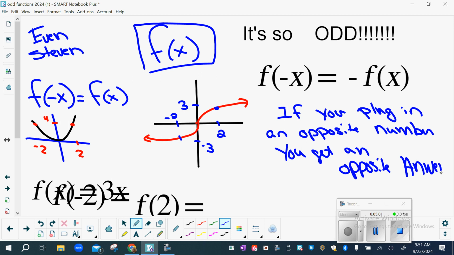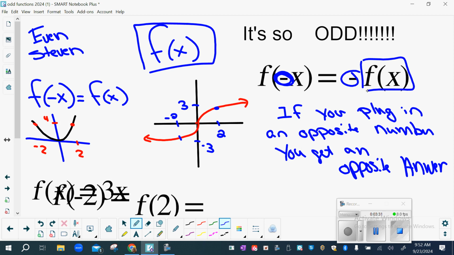And that's what's new. If you plug in an opposite number, it will give you an opposite answer. Right? It won't give you the same answer. It's going to give you the exact opposite. And that's why, because it doesn't mirror it. Opposite number gives you opposite answer. That actually is the one that makes the most sense, right? So if I plug in an opposite number, I get an opposite answer.